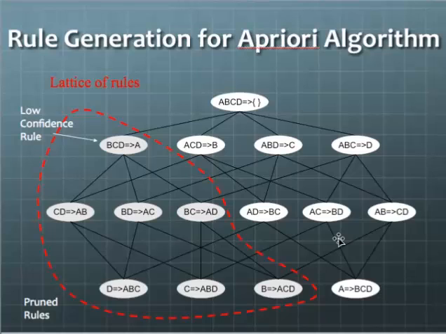Suppose that the confidence for BCD to A is low. Then all the rules containing item A in the consequent, including CD to AB, BD to AC, BC to AD, D to ABC, C to ABD, and B to ACD, can be discarded.